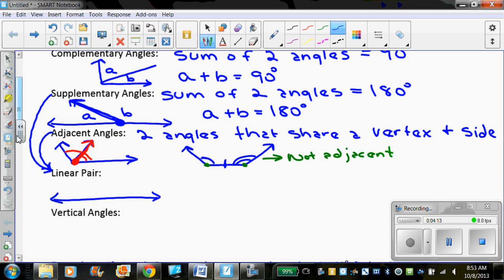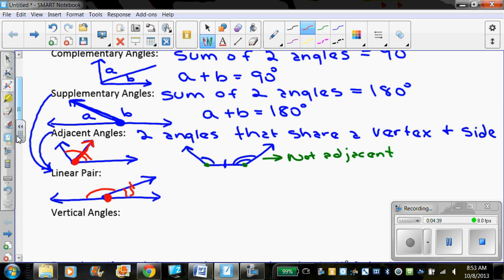And here's the vertex. Like my example up here in supplementary angles, I drew a linear pair already. By definition of a linear pair, you have to share a vertex, share a side, and the two angles have to add up to 180.